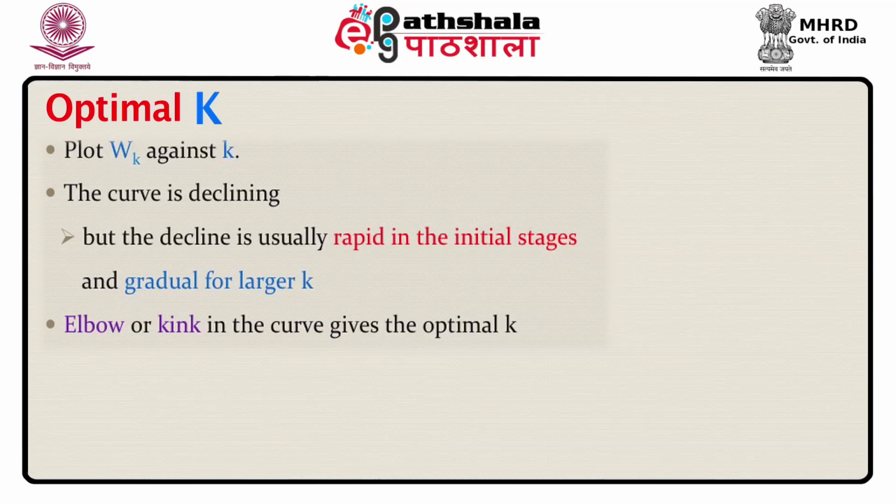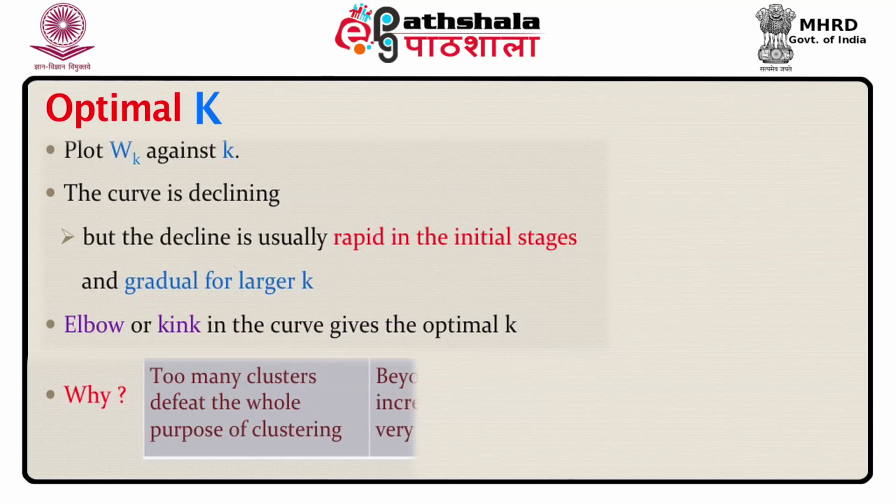Once the clusters become homogeneous, subdividing them generally does not lead to a large decline in Wk. So we search for what is referred to as an elbow or kink in the plot of Wk against K.